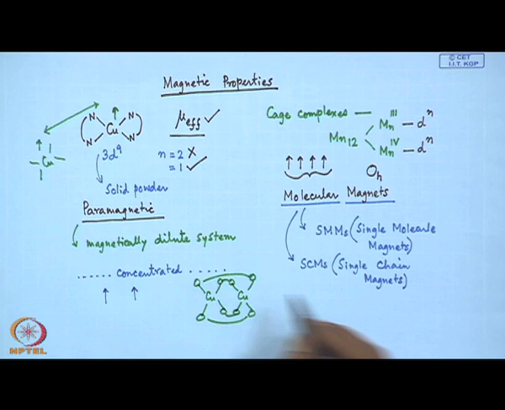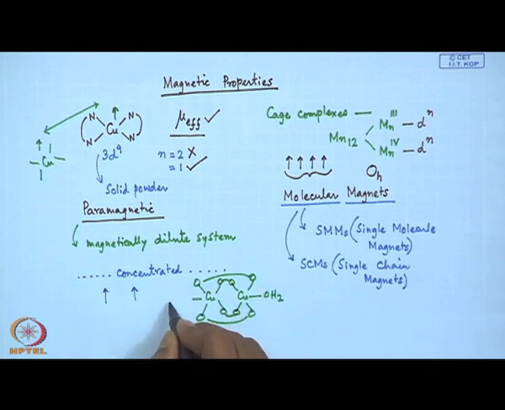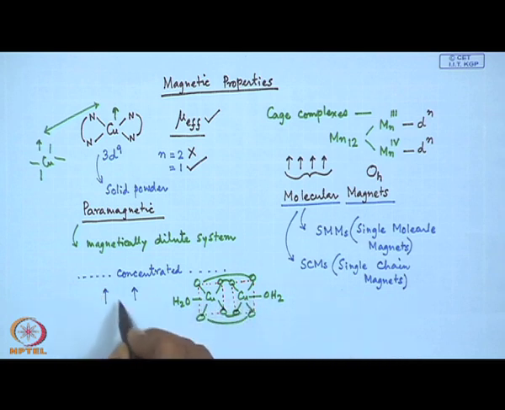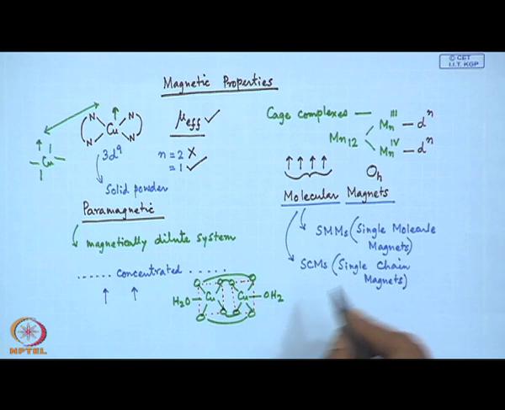So, four acetate groups are attaching like this, and the individual copper centers are in square pyramidal geometry. So, this is the corresponding square pyramidal geometry, and so we find that individual magnetic orbitals on one copper center is interacting with the second one.